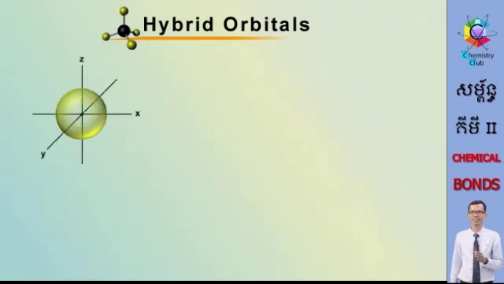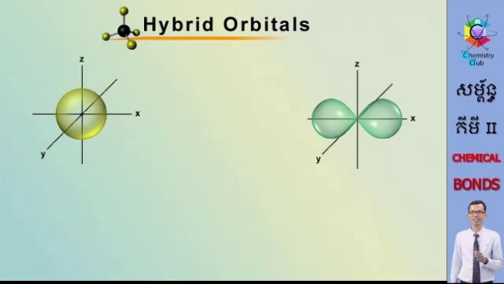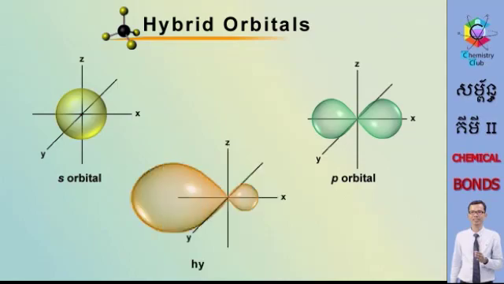The shape of a hybrid orbital is different than either an s orbital or a p orbital. The s orbital is spherical, and the p orbital consists of 2 equally sized lobes on opposite sides of the nucleus. The hybrid orbital consists of 1 large lobe and 1 small lobe on opposite sides of the nucleus.